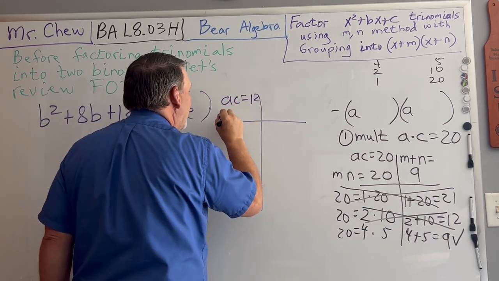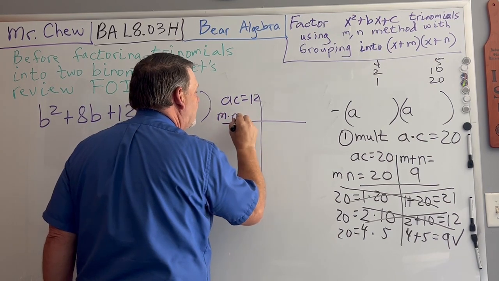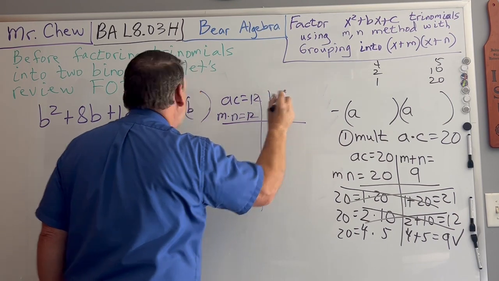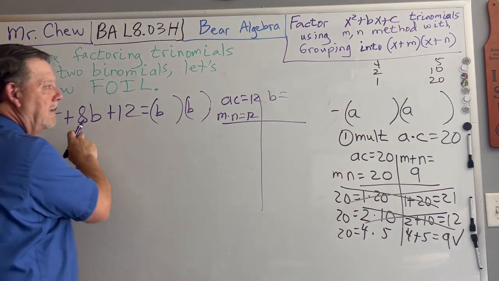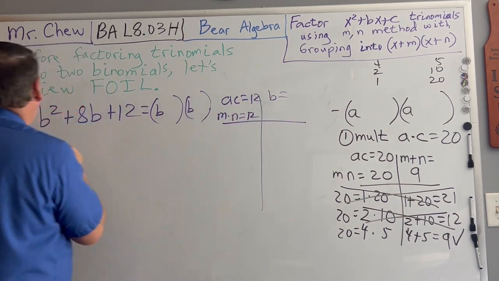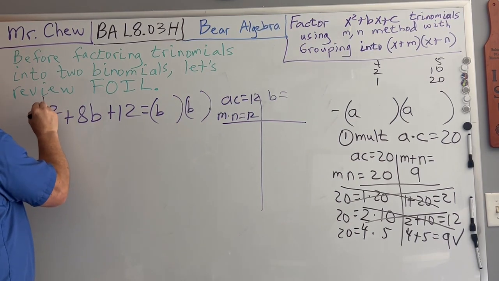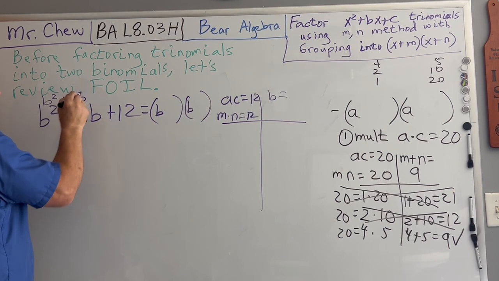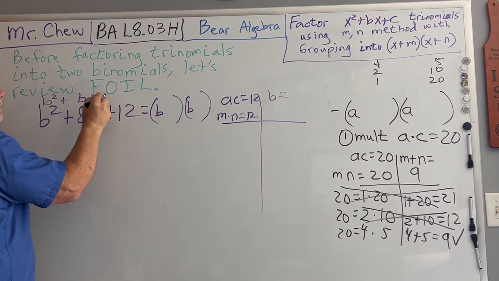So I know that my m times my n has to equal 12. And I know that my b equals 8. Remember when we had our, this would be written as b squared plus b, some number times b plus c.